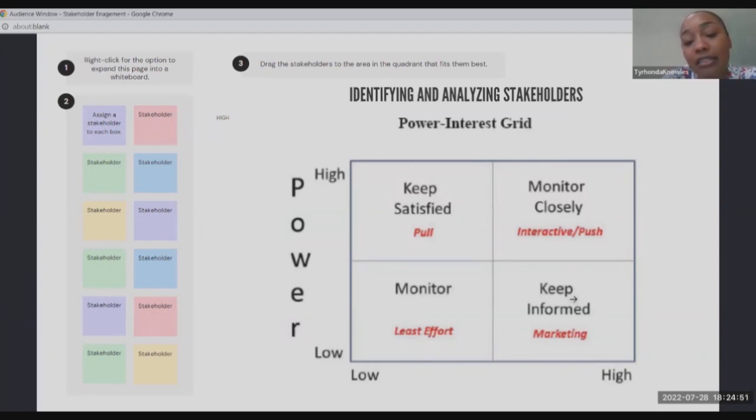High power but low interest, you monitor. Keep informed for the high and low. For low power but high interest, you keep them informed, and monitor closely for low interest and low power. So essentially, it's just a method or a matrix to know how to classify and identify these individuals.